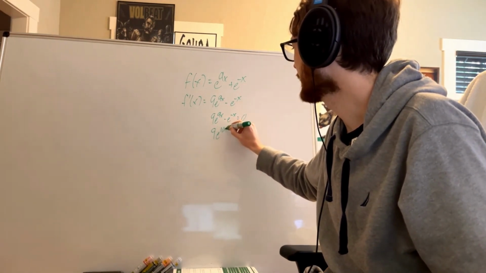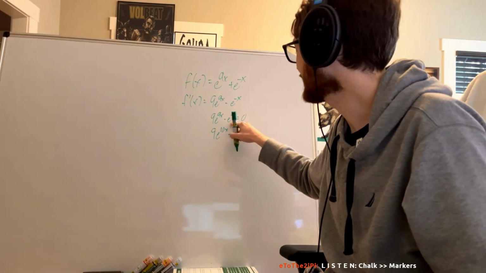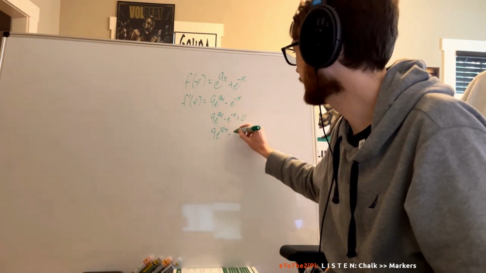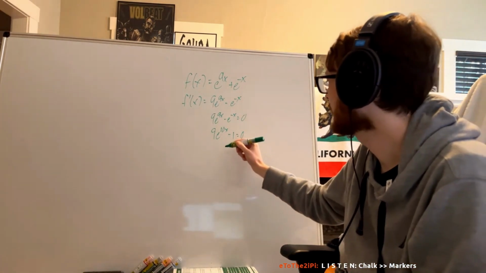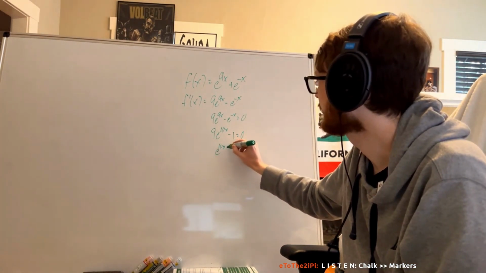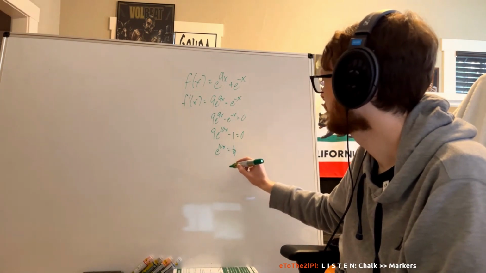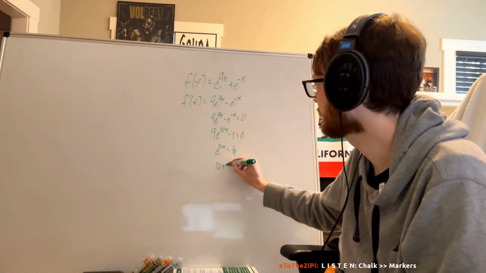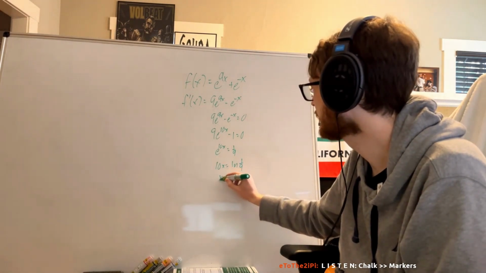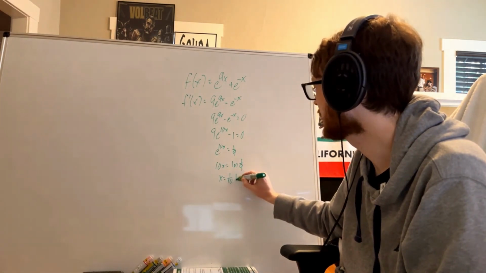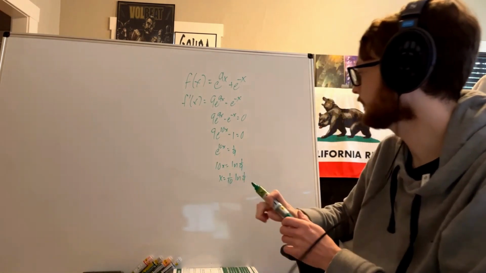We get 9e to the 10x minus e to the minus x times e to the positive x, which is 1, equals 0. So we want to find where e to the 10x equals 1/9. Take the ln of each side. We get 10x equals ln 1/9. Divide each side by 10. We get x equals 1/10 ln 1/9. Okay, it's good enough for me.